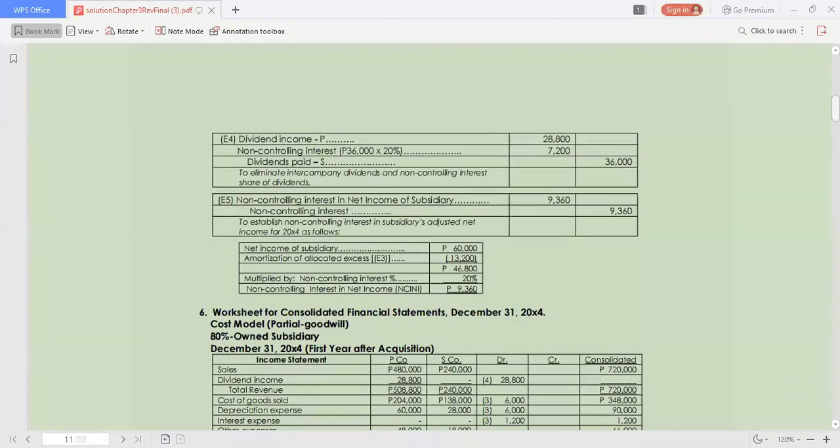So cost of goods sold is a total of 348,000. Depreciation expense initially for 60,000 and 24,000 initial amount of depreciation expense.